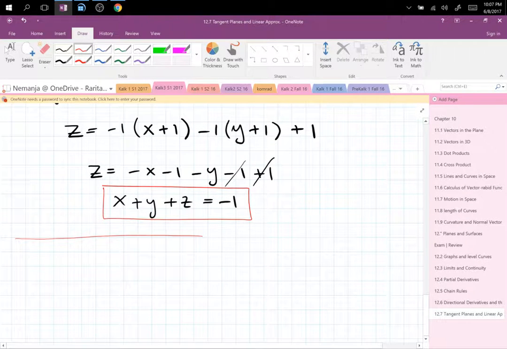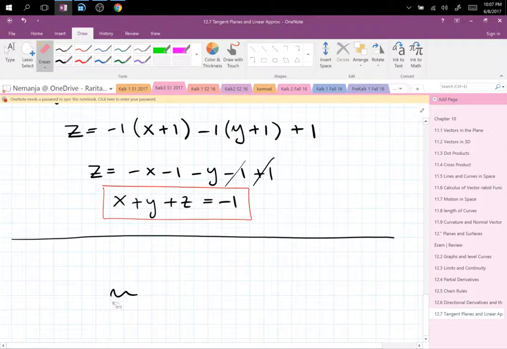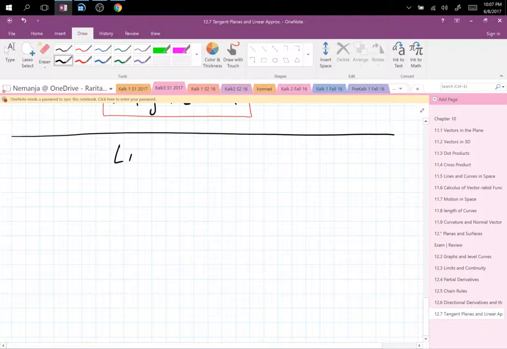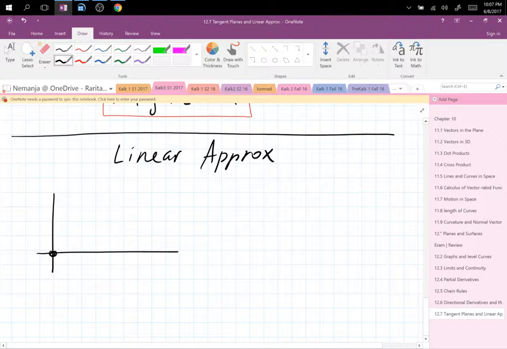The next order of business is the linear approximation. So if you remember from Calculus 1, if you wanted to take the square root of, let's say, 17, you would say that you can find the square root of 16, which was 4.